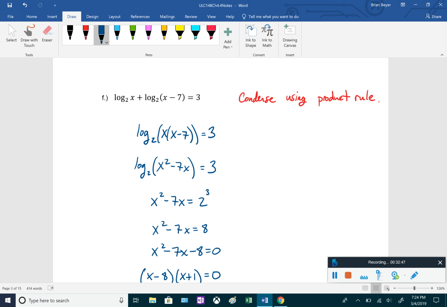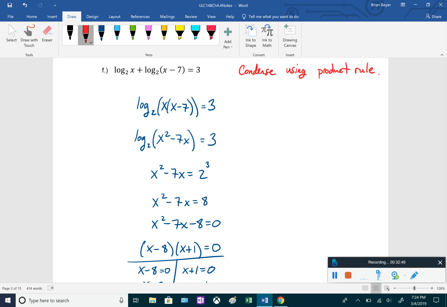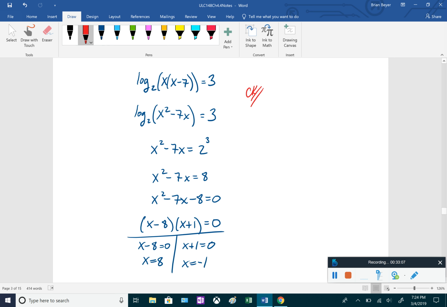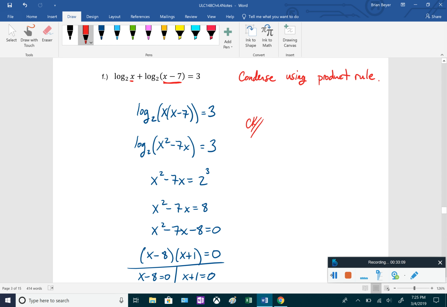So we go back up to the original one. We have to make sure x is positive and x minus 7 is positive. I'll check both of them. We'll start with x equals 8. We have to make sure x is positive.